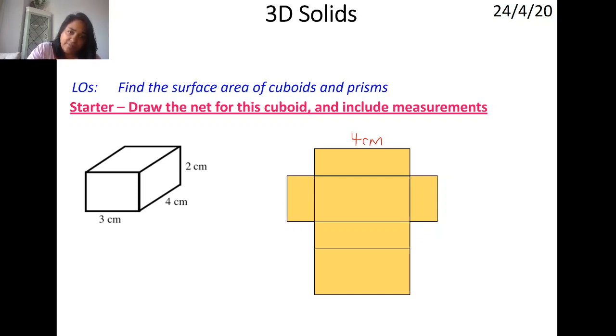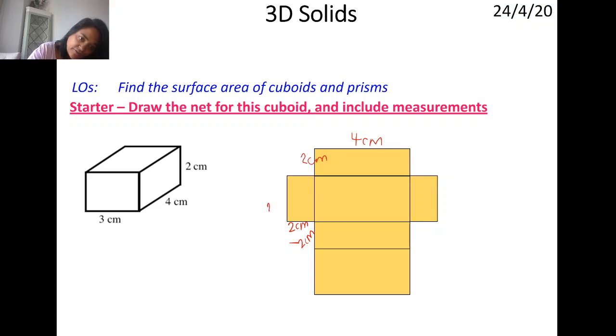Now I know that this panel would have been a 4x2 centimeters, so I can write that on, and that means that must be a 2 centimeter panel. I do want to also include it on this panel here. That's also going to be a 2 centimeter length, and this panel is also a 2 centimeter length. And now what's this length here?